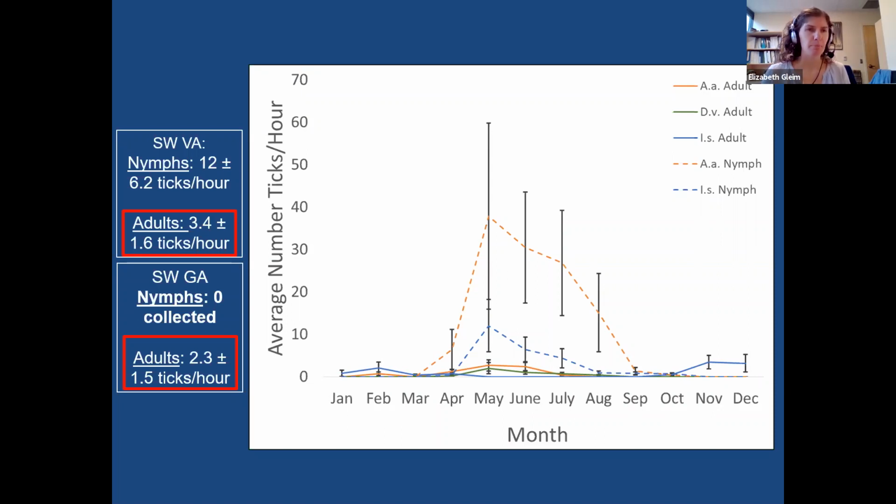But when we look at nymphs, I collected 0 nymphs in southwestern Georgia, and that is out of close to 50,000 ticks that I collected for that project. In the meantime, in southwestern Virginia, I collected roughly 12 nymphs per hour.